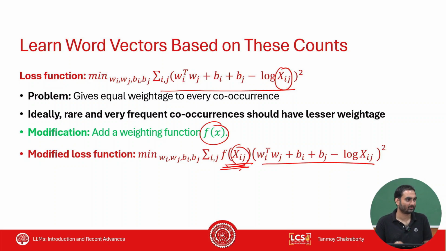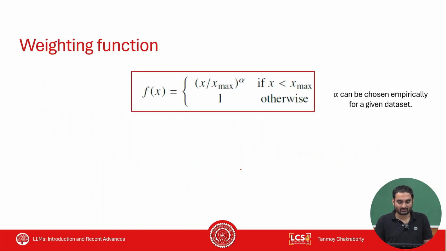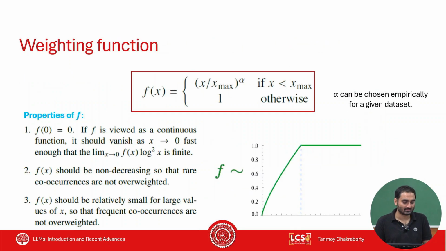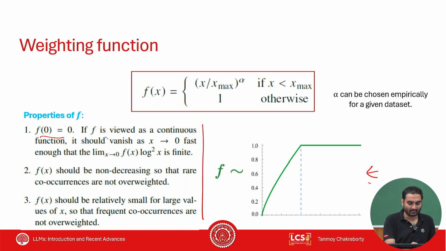And how do we choose this f? You can choose this f many ways such that these three properties hold. So what are these three properties? Forget about this graph, forget about this function. You choose an f such that f is a continuous function, right?